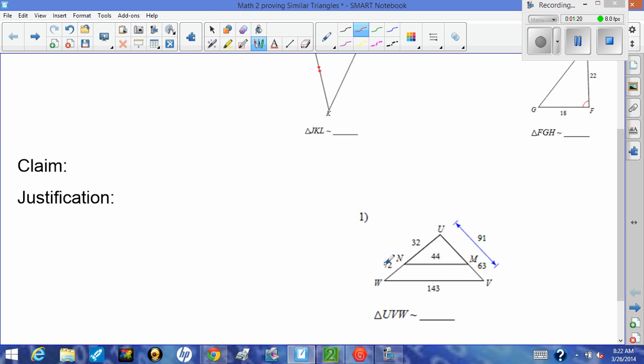Okay, so first thing I'm going to look at is I need side UW. UW is the sum of 72 and 32, so I have to do a little math. That's 104. And then I'm going to look at side UV, which is 32. So we looked at UN. I'm sorry, UN.